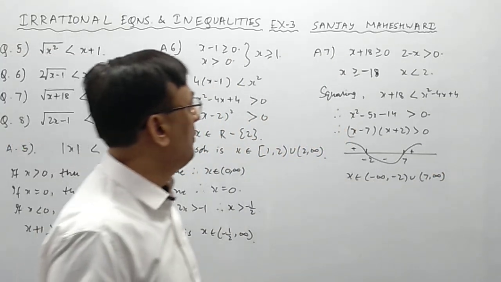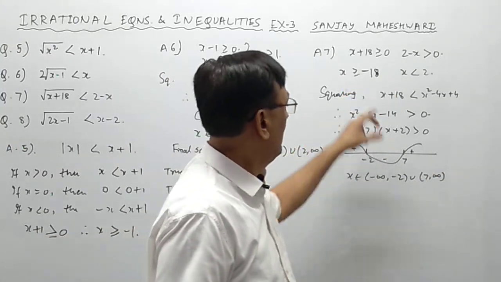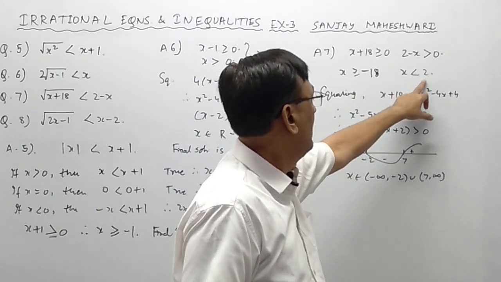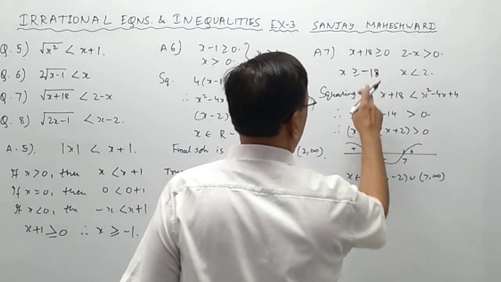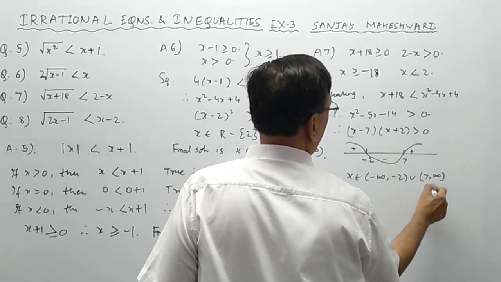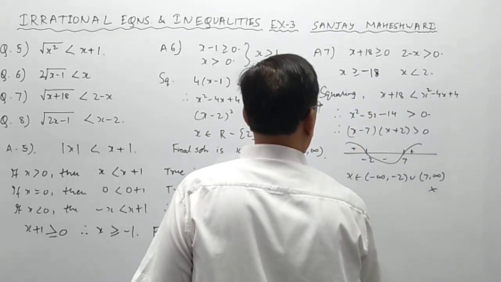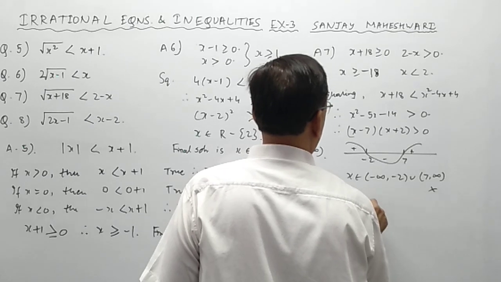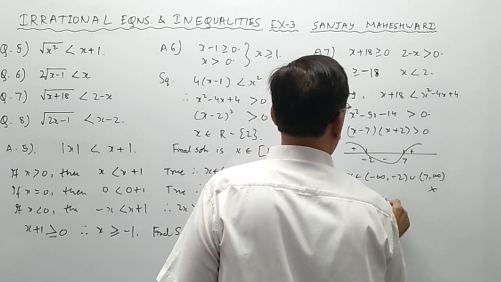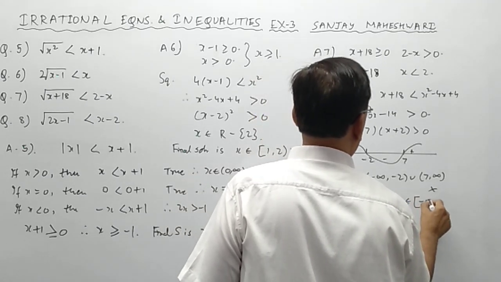But we are supposed to make sure that x lies between minus 18 and 2 only. So on the 7 side it will be excluded because of this, and final solution is x belongs to minus 18 to minus 2.